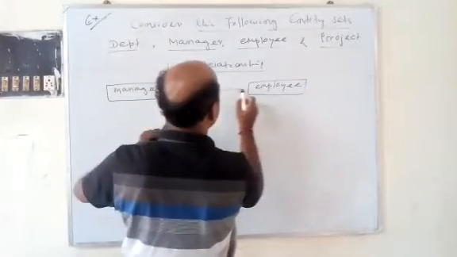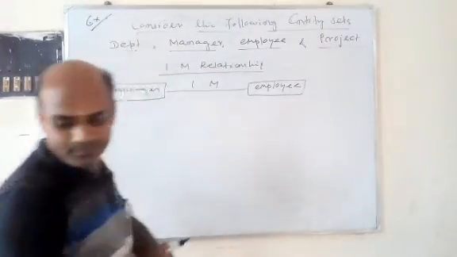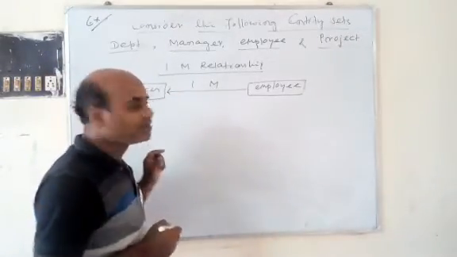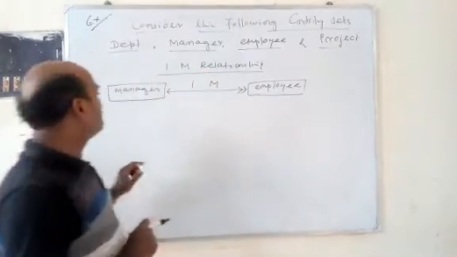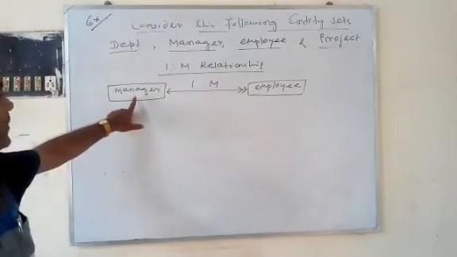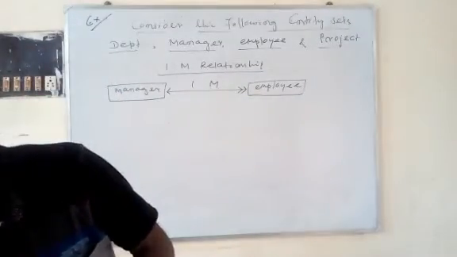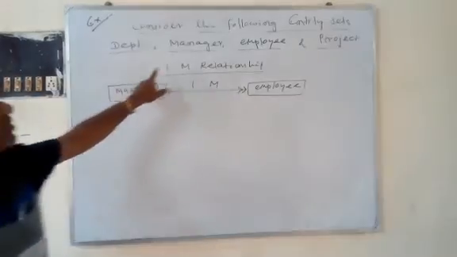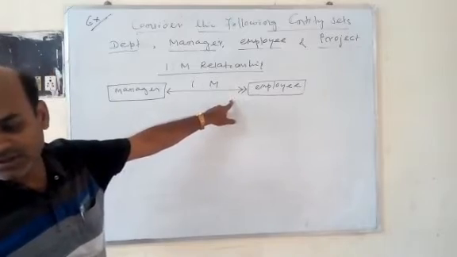The relationship will be one to many. So for manager, I can give the symbol in this way. That means a manager manages a number of employees. A manager manages a number of employees. That means a manager can supervise a number of employees. So this relationship is one to many relation.